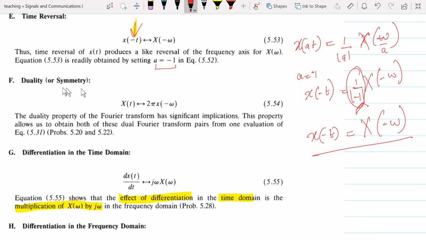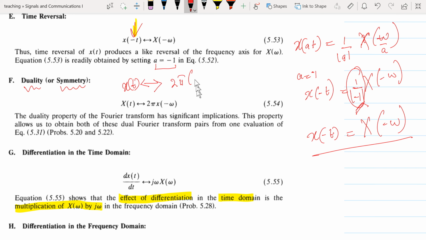Again, we introduce the concept of duality, which is another property of Fourier transforms. It is also called the principle, or the property, of symmetry. And we say that if you have your time domain signal x of t, it may be transformed to 2 pi.